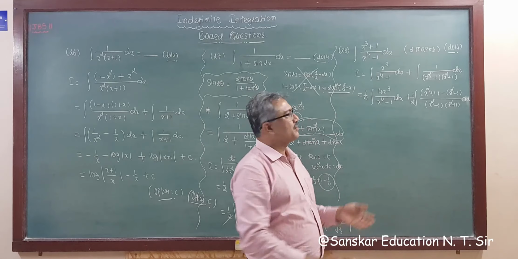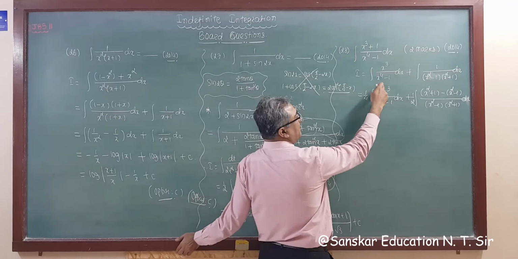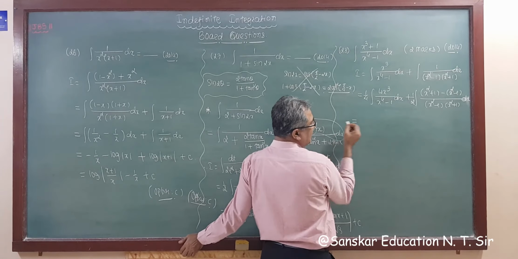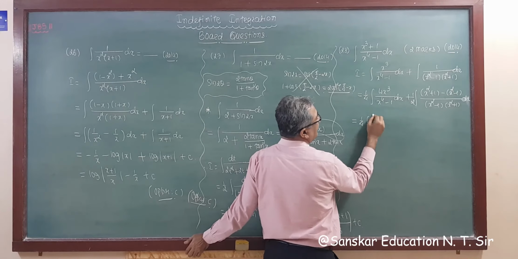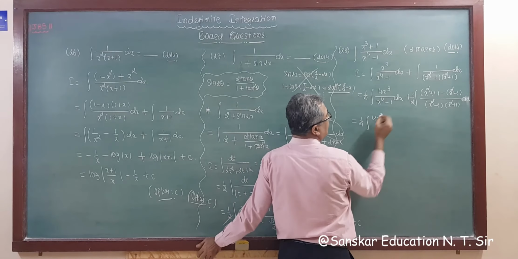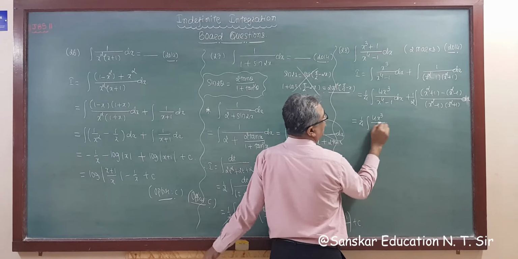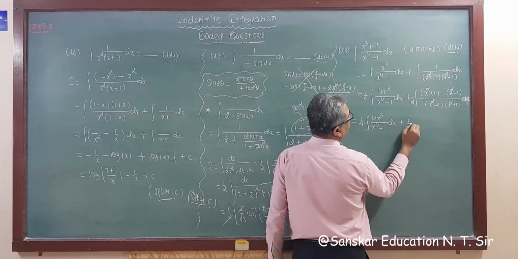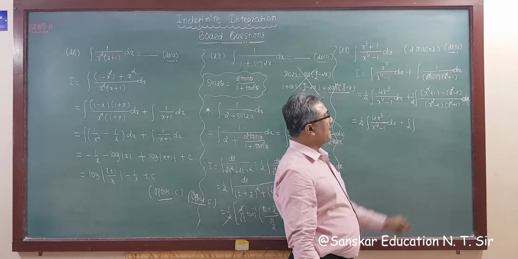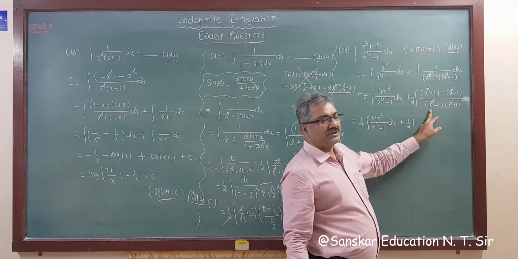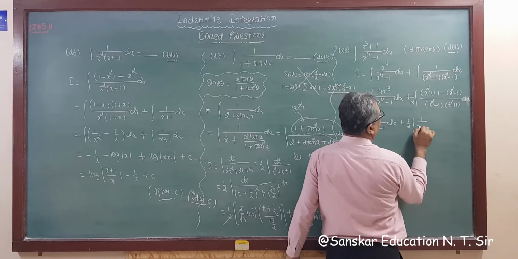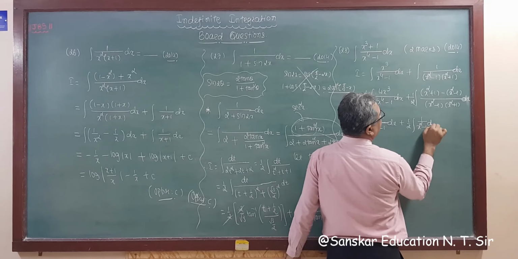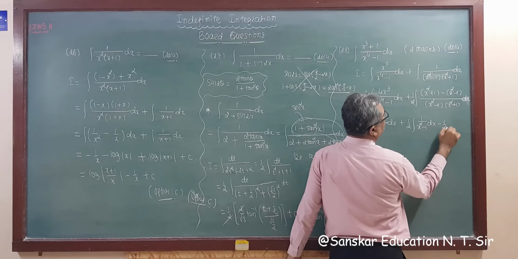Got it? So bifurcating again, this is a derivative, the denominator is in the numerator. This is x raised to 4 minus 1 dx plus 1 upon 2 integration. If we bifurcate, x square plus 1 will be cut, so this is the remaining: 1 upon x square minus 1 dx, minus 1 upon 2 integration.